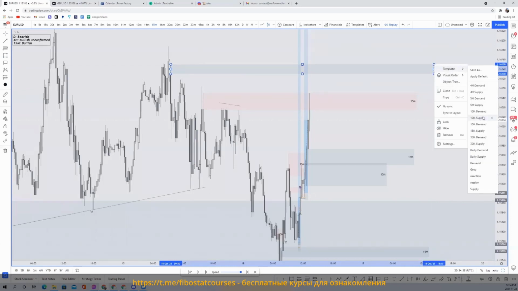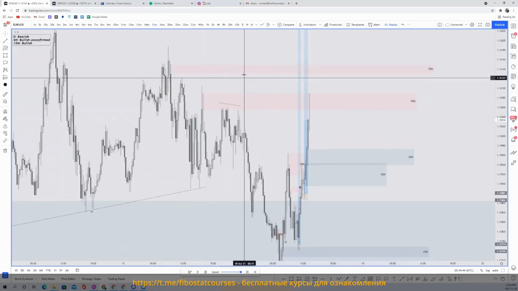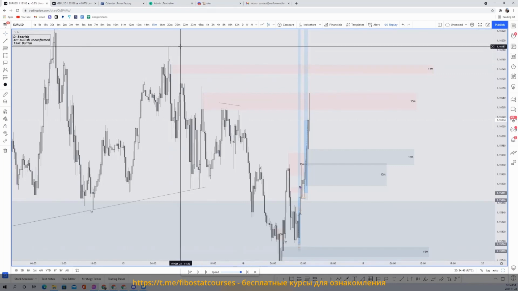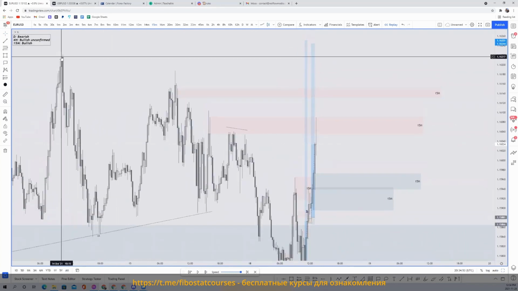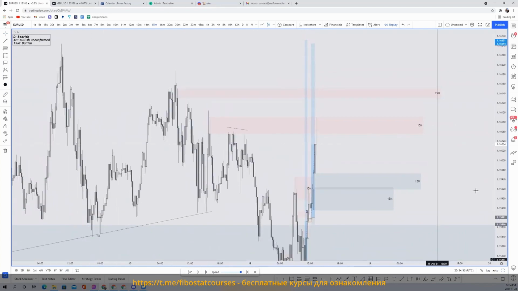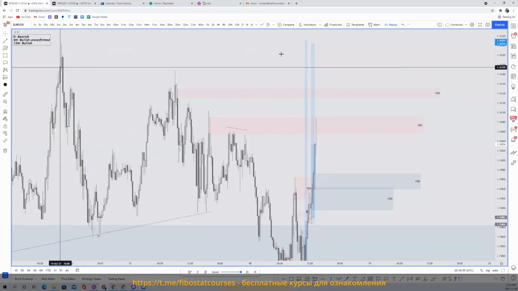The supply behind it's been mitigated, so that's likely your next place to react. So it's always good to know where you're going to react. If we look left here, this supply hasn't been mitigated either, so you'll likely get a good reaction from that before it continues through it. Not always, but more often than not.